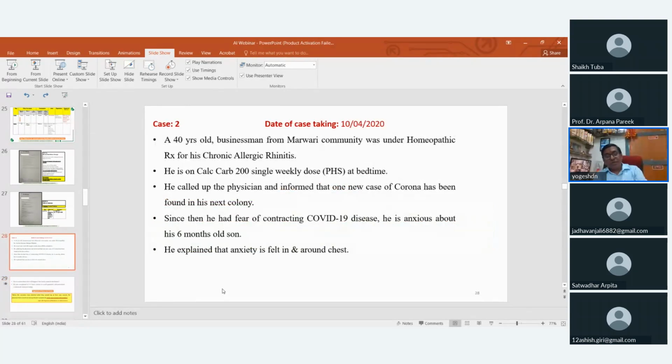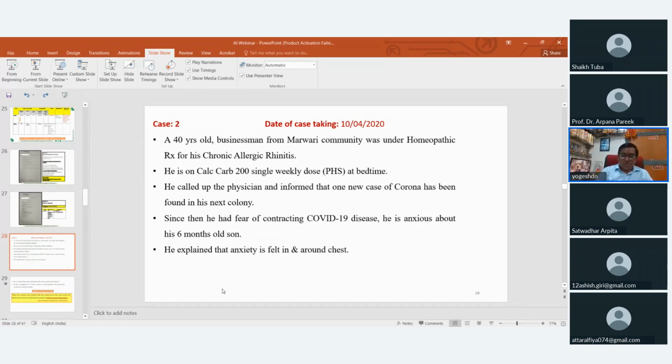Now what has happened here? A person who is taking treatment for chronic allergic rhinitis at the level of constitution, on Calcarea carb 200 single dose. At the time of COVID-19, many had this kind of fear, and out of that fear, depending on their family environment, the intensity of fear had a variable expression.